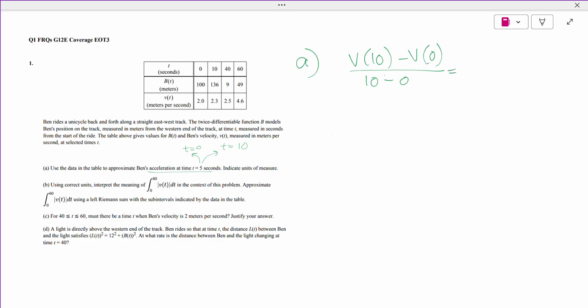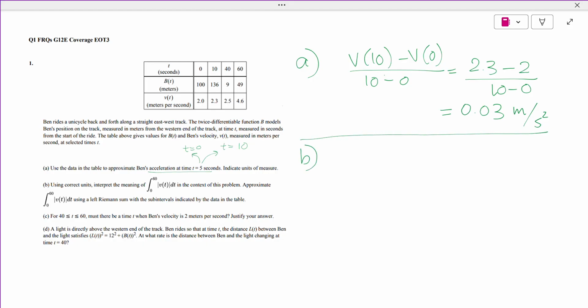If you plug in the values from the table, V of 10 is 2.3, right? Minus 2 over 10 minus 0. So that would be 0.03 meter per second squared. Be careful and pay close attention to the units.